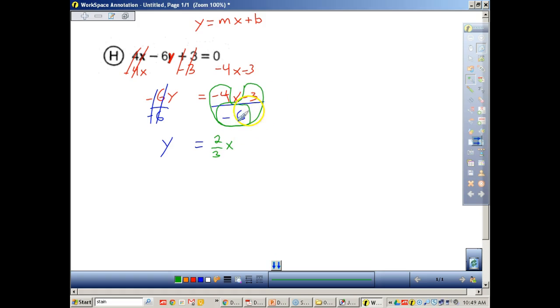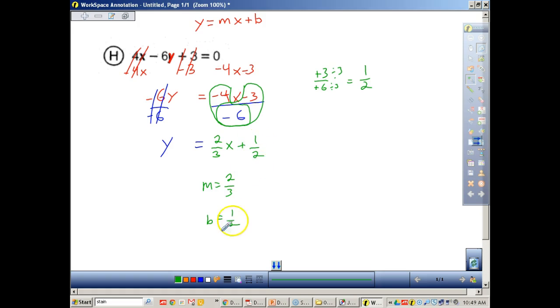What's -3 over -6? 1. So negatives cancel out, and when you reduce, divide top and bottom by 3, you get a y-intercept of 1/2. Right? So we have m equals 2 over 3, up 2 over 3, starting at 1/2.